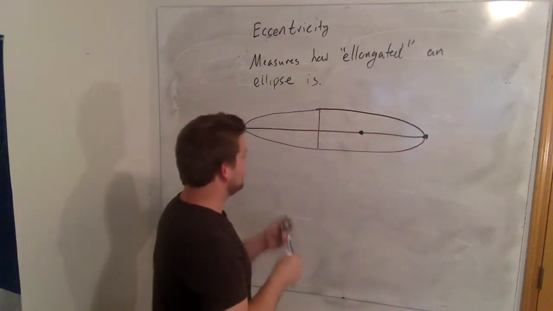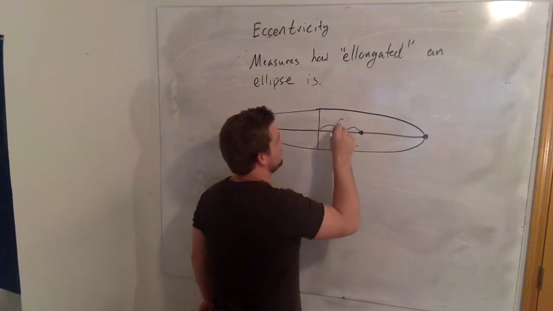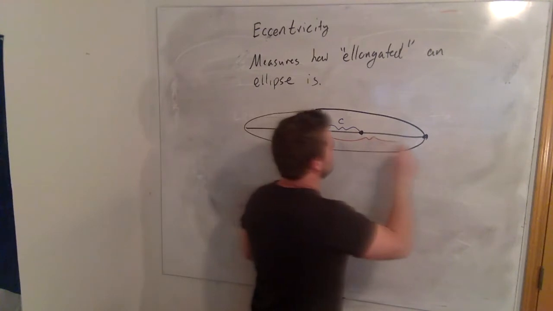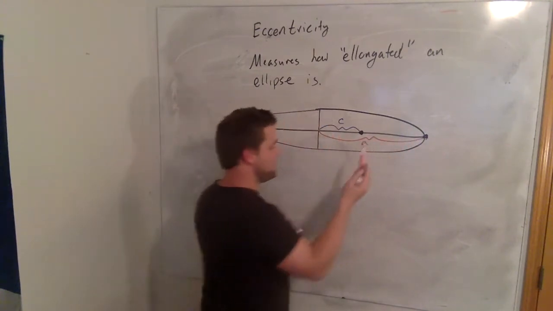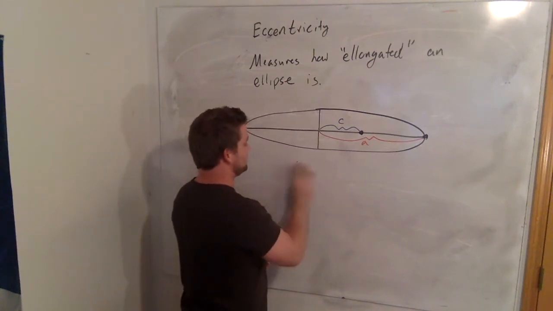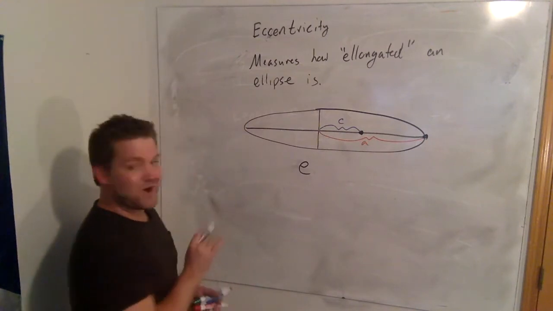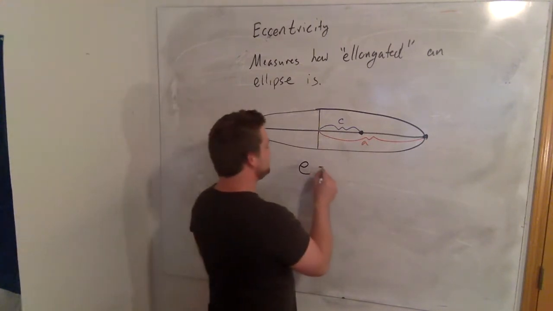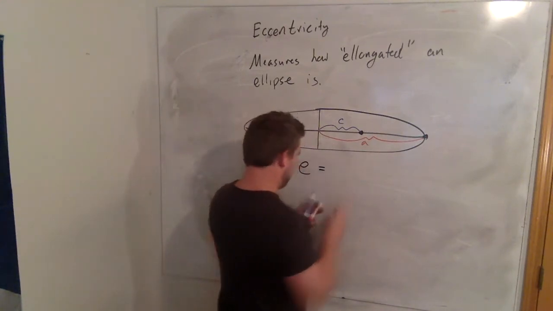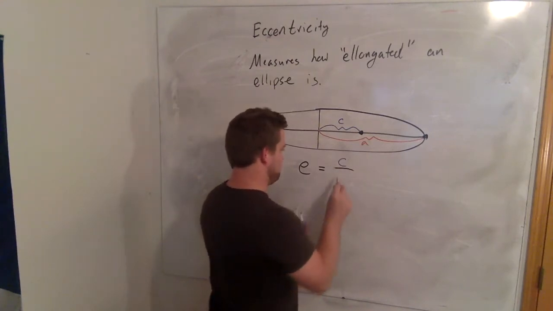The length from here to one of the foci is what we call C, and the length from the center to one of the vertices is what we call A. For eccentricity, we use the letter E, not to be confused with our famous number e. This is not Euler's number. The eccentricity is defined to be the ratio of C over A.